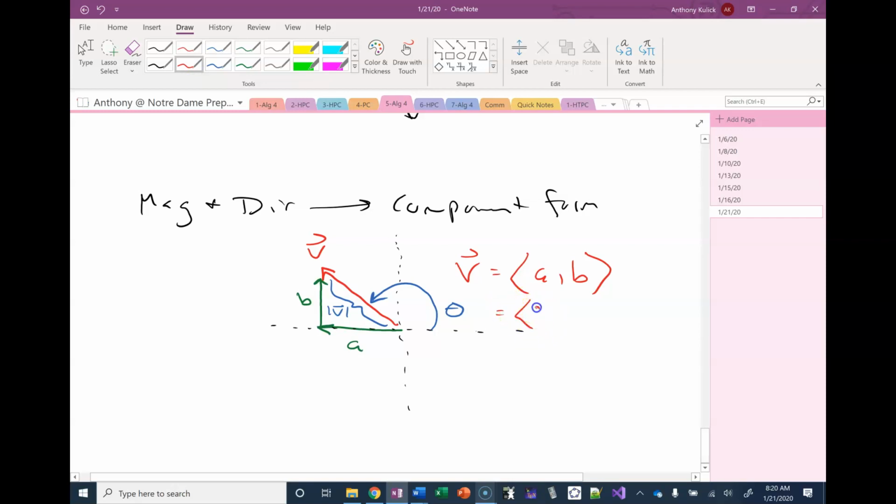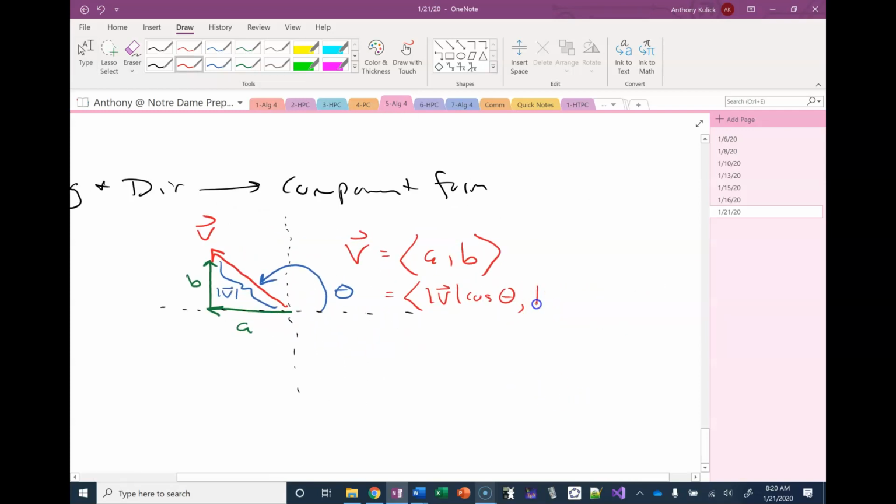So what is this going to mean? A is the adjacent side of that triangle, and B is the opposite side of that triangle. And by using theta as opposed to that angle inside of the triangle, what does that do for me?